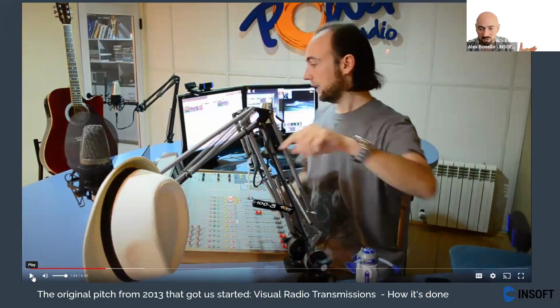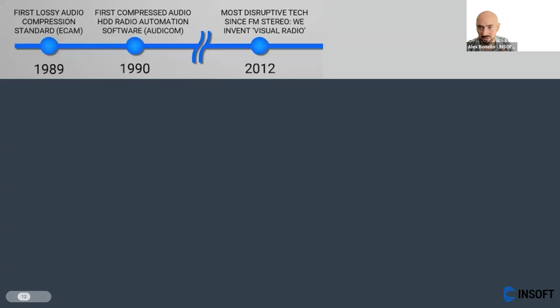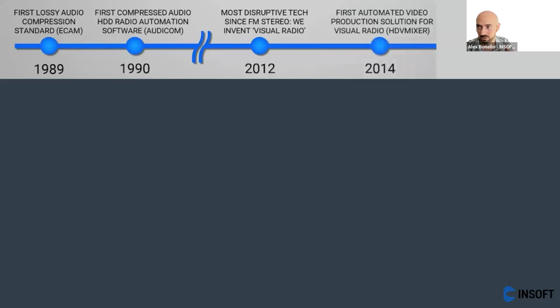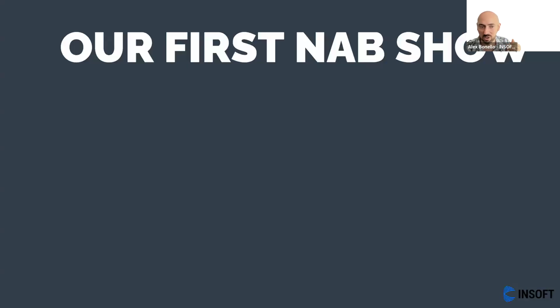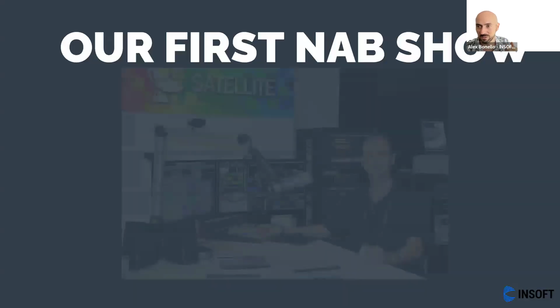So why don't you come to NAB and start showing this stuff here?" So this was 2013. By 2014, we had the product ready, HTV Mixer. So we went to NAB 2014.